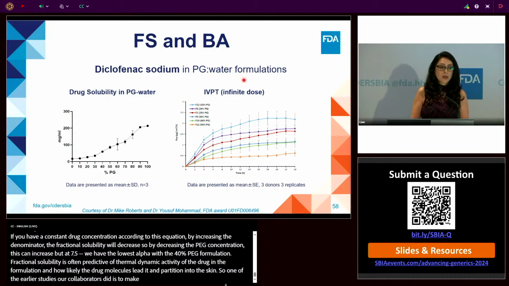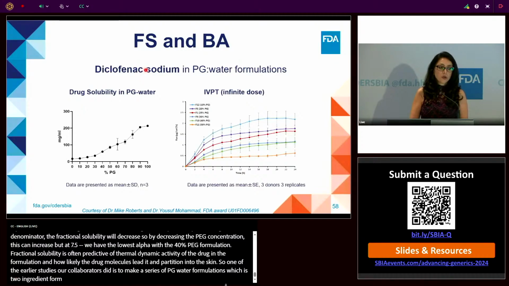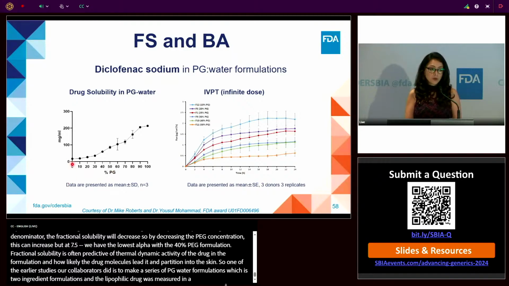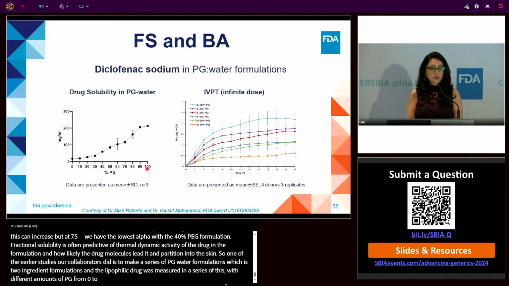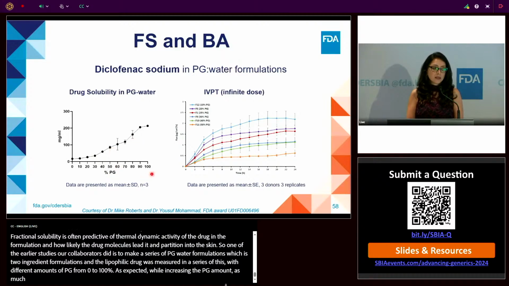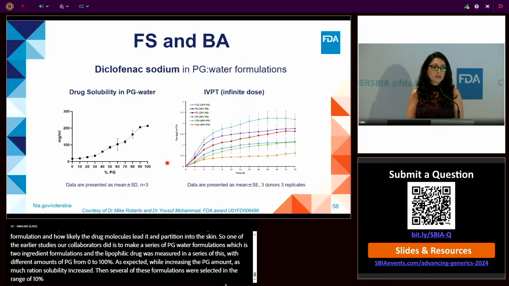These were 2-ingredient formulations, and the saturation solubility of diclofenac sodium, a lipophilic drug, was measured in this series with varying amounts of PG from 0% to 100%, and as expected, by increasing PG amount, the saturation solubility increased. Then several of these formulations were selected in the range of 10% PG to 50% PG, and they conducted an infinite dose IVPT study.